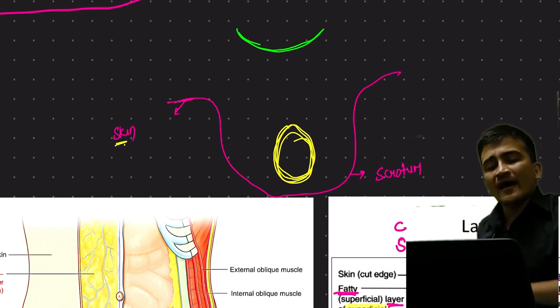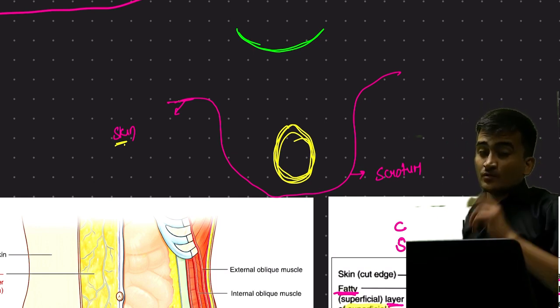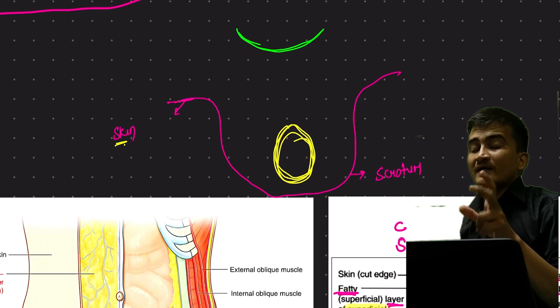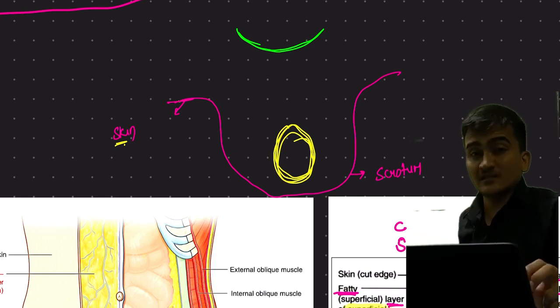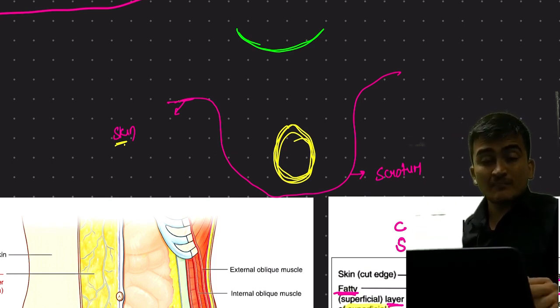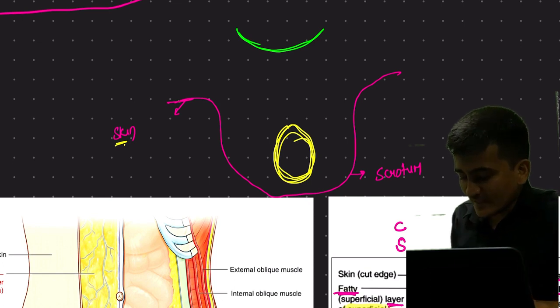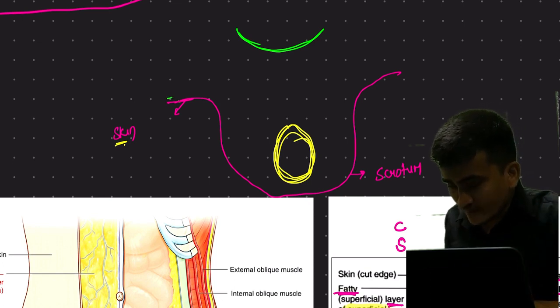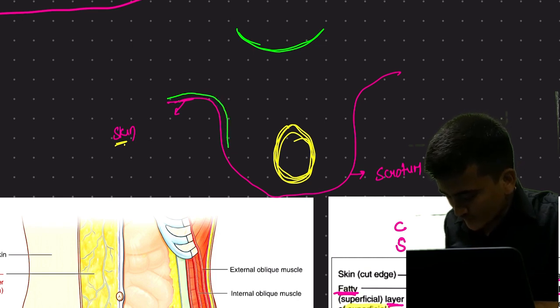Similarly, inside the skin, what do we have? Inside the skin we have superficial fascia. As we talked, there are two parts of it. One is the fatty layer, and the other is the membranous layer. This is our superficial fascia.